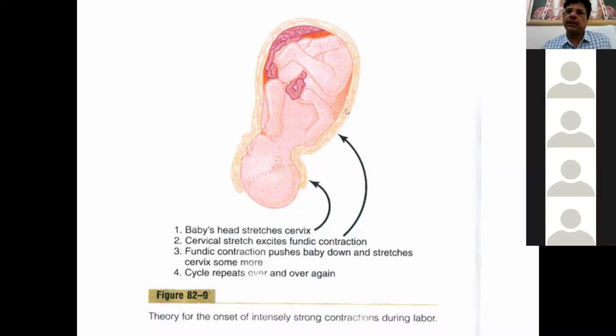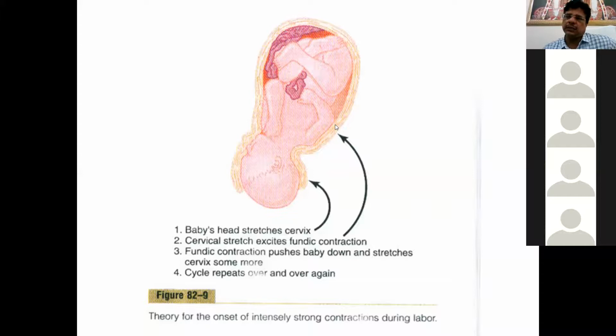The receptor is the stretch receptors present in the cervix. I don't know whether the anatomy of the uterus has been done. The uterus can be divided, especially after pregnancy, into two distinct parts: the lower part, called the cervix, and the upper part, called the body or fundus.